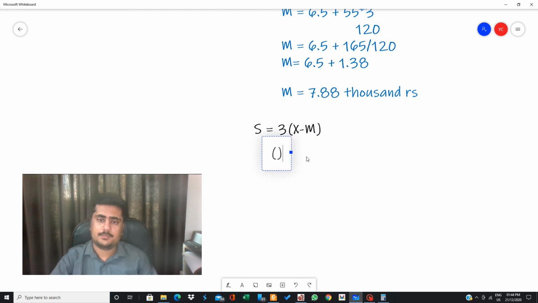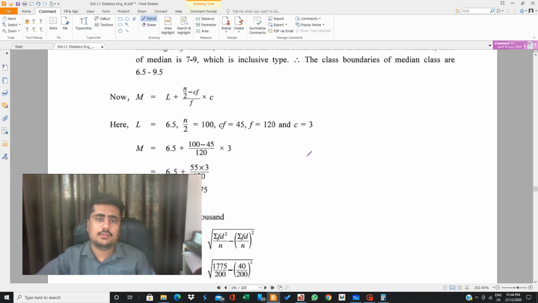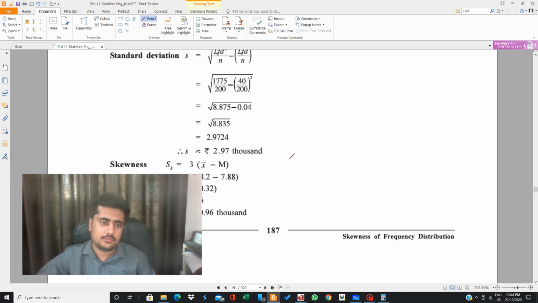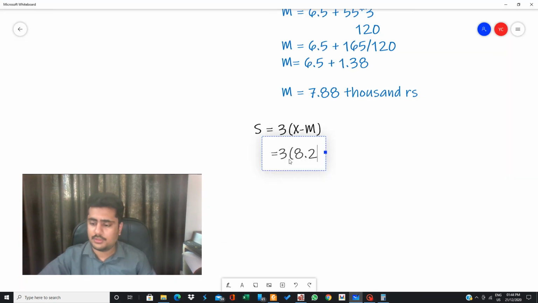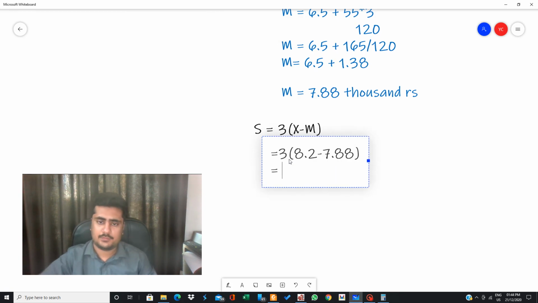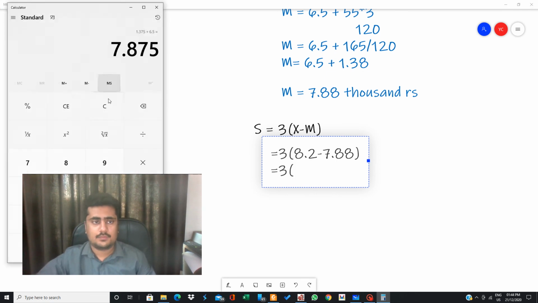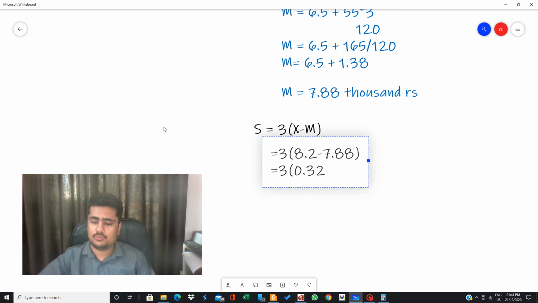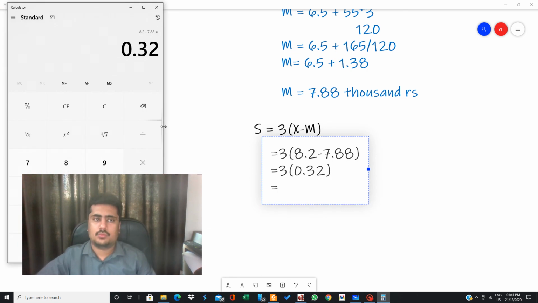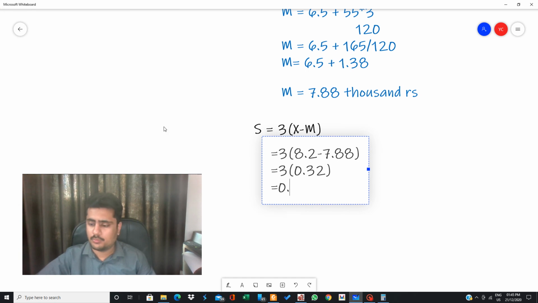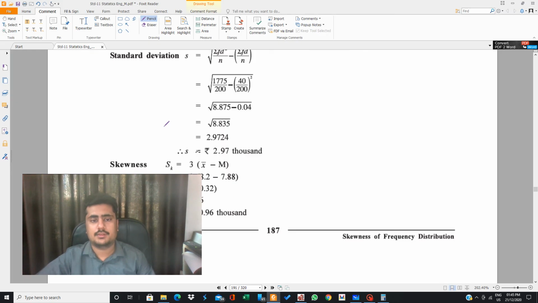What was the mean? 8.2 minus median. 8.2 minus 7.88 is 0.32. 3 into 0.32 is 0.96.